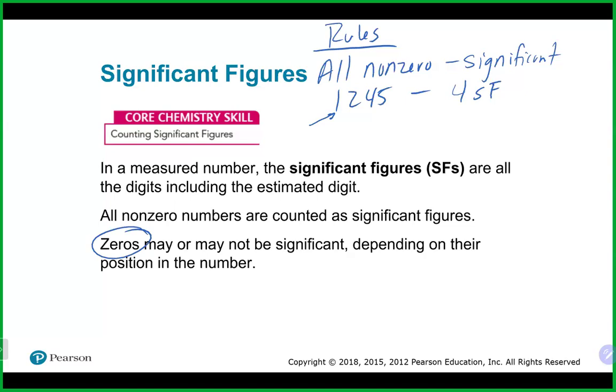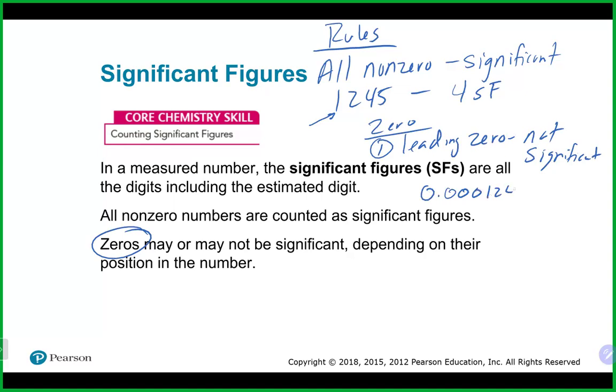There are actually 3 types of zeros. Type 1 of zeros is what's called a leading zero. It is not significant. So if you had a number like 0.000124, how many significant figures does it have?